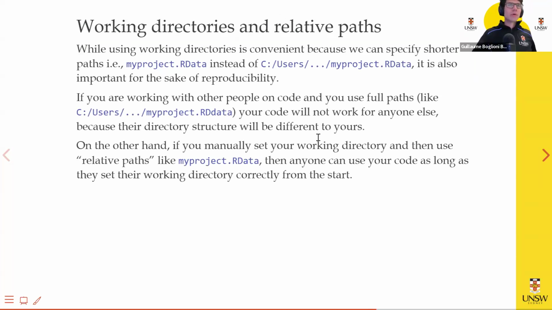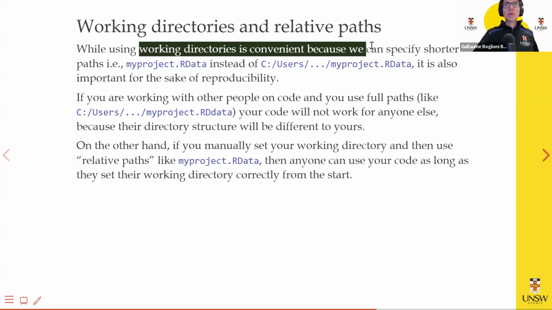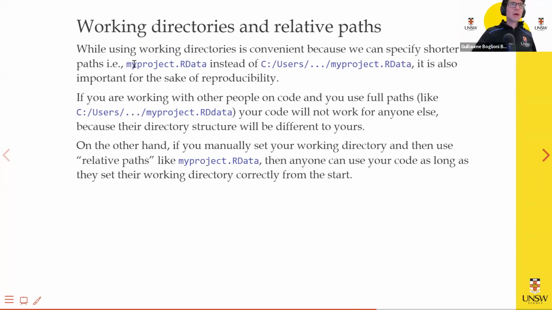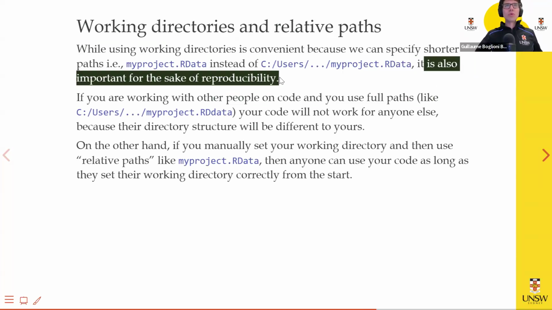Okay, just a bit of repeating common advice about working directories. While using working directories is convenient because we can specify shorter paths, for example, my project.RData instead of a whole long path, and at the end I put my object.RData. It's also important for the sake of reproducibility.